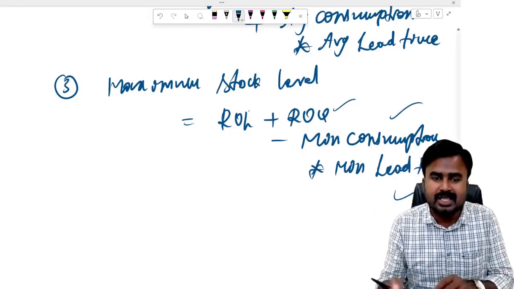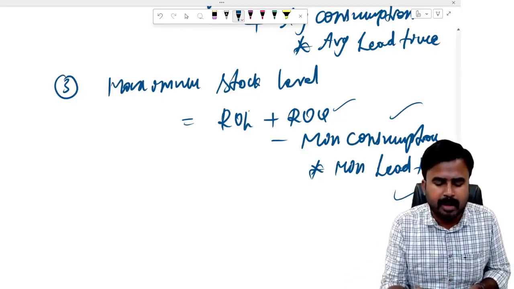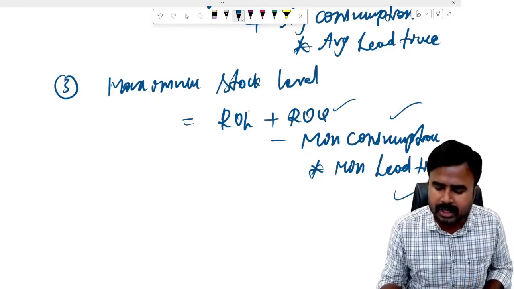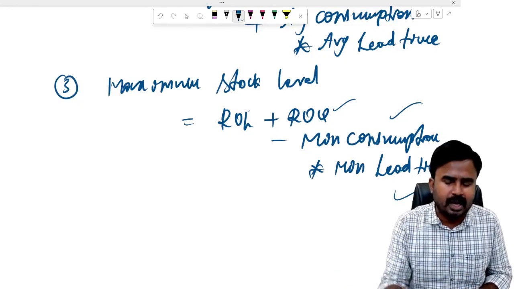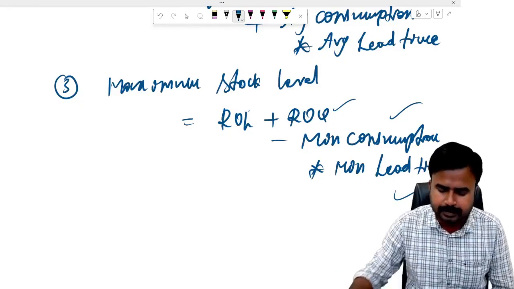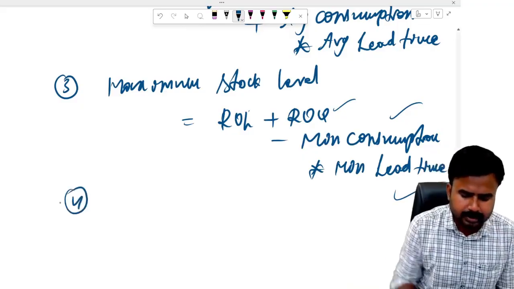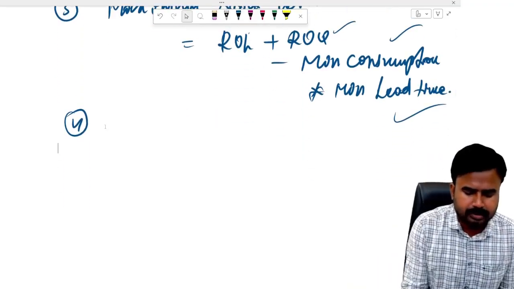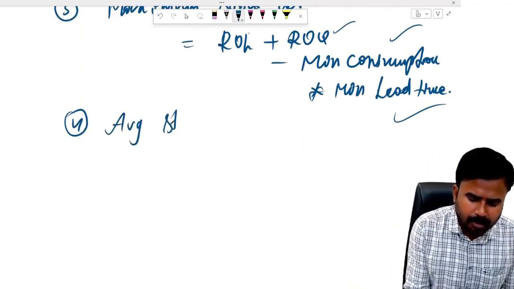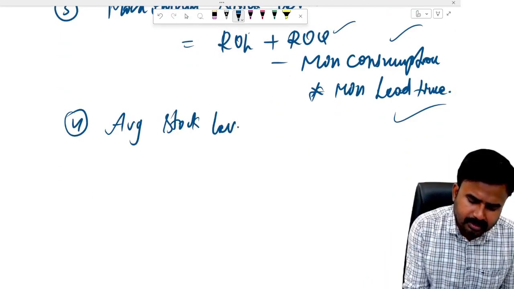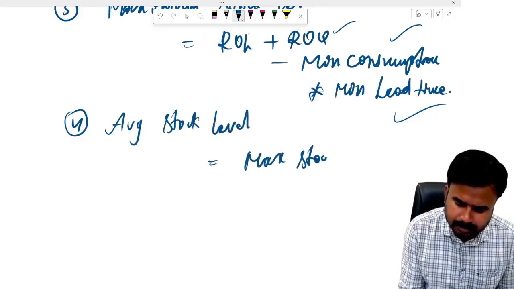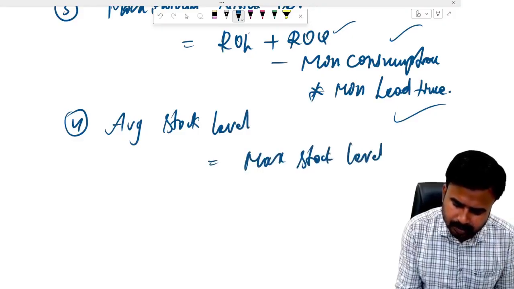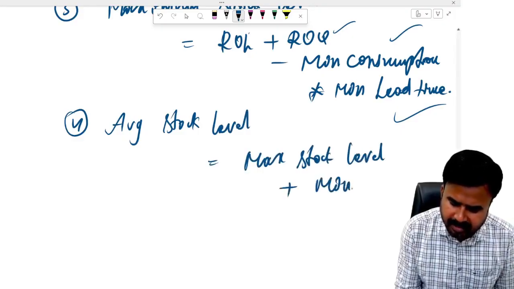If the consumption is average or maximum, I may not reach this maximum stock level. So the maximum stock level arises only when your consumption is least and your lead time is also least. Next, fourth one, average stock level. The formula for average stock level is maximum stock level plus minimum stock level divided by 2.